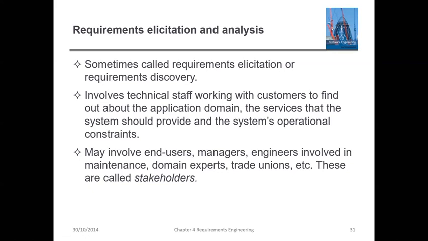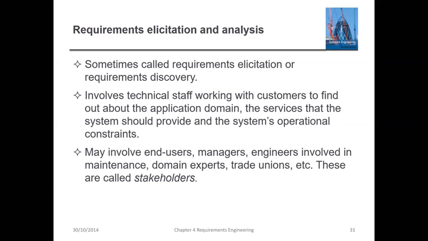Normally the software engineers will communicate with the end users or customers to find out all varieties of information. What kind of information will they find out? The application domain, the services from the system, what kind of services they want, and some of the expected performance, whether it is very slow or high performance.